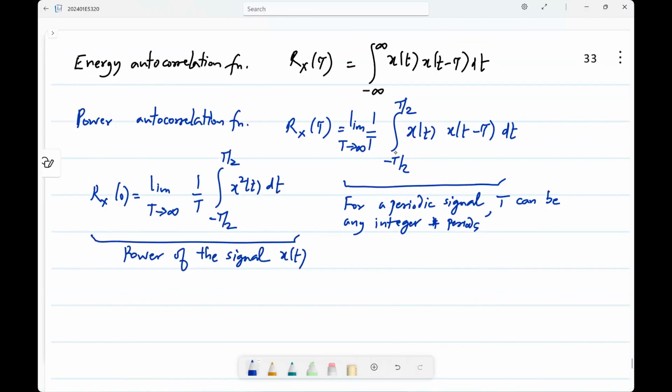It's basically the mean square value, right? As I mentioned earlier, if we are not referring to circuits and so on, power simply means the mean squared value of the signal. Okay.